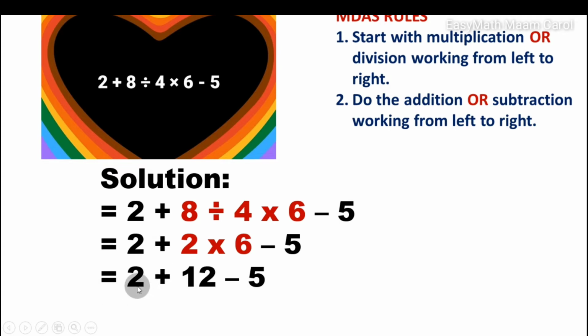So let's solve using our mind. So 2 plus 12 is equal to 14 minus 5, our answer is 9. So the final answer for 2 plus 8 divided by 4 times 6 minus 5 is equal to 9.